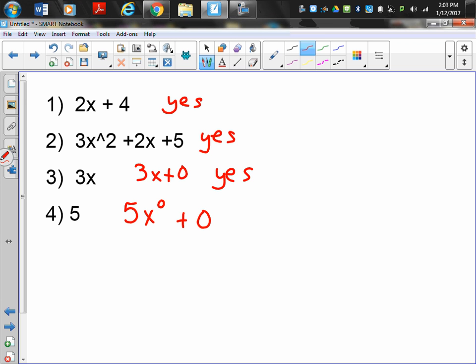I have a variable, I have an exponent that's not negative, and I'm not dividing by 0. So yes, that is a polynomial. Alright. That's where we had some confusion yesterday. I totally apologize for that. Alright, now, let's look at this next one.